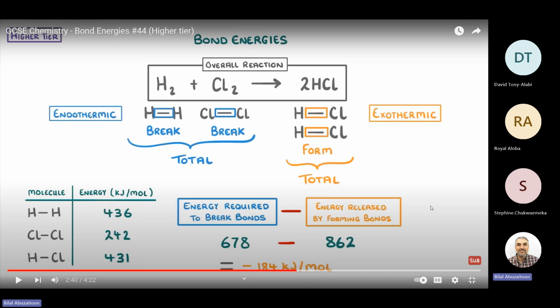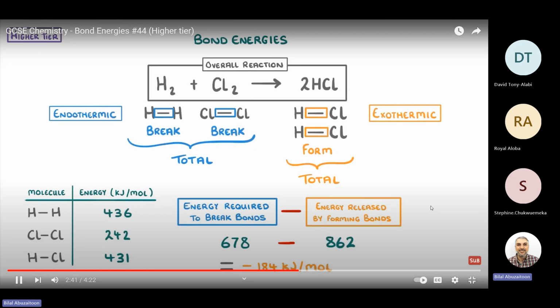You say, oh, I can get profit from this business, or I'm losing money, so I have to close it. You can tell by comparing what you get with the capital that you already paid. So this is how we deal with bond energies.